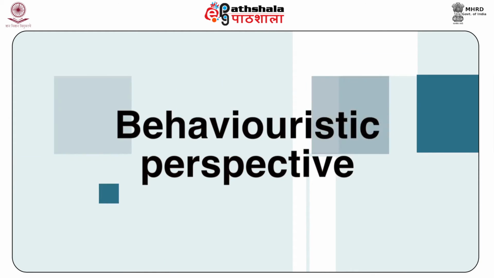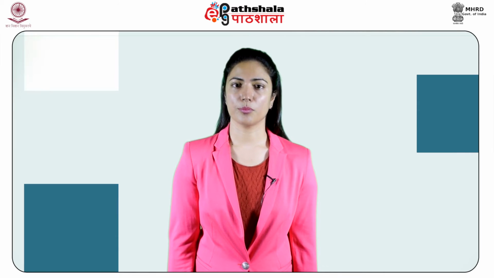Behavioristic perspective. Behaviorists basically emphasize the role of learning in acquisition of maladaptive behavior, which causes psychopathology. They do not try to account for the onset of schizophrenia, but focus on how the behavioral symptoms of different types of schizophrenia might be shaped through the process of reinforcement and extinction.